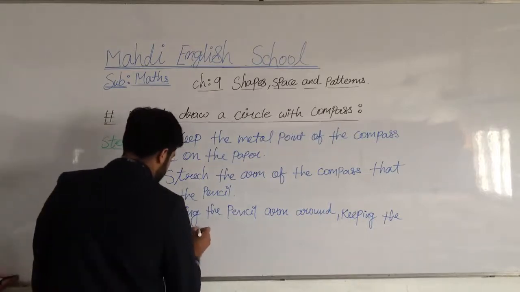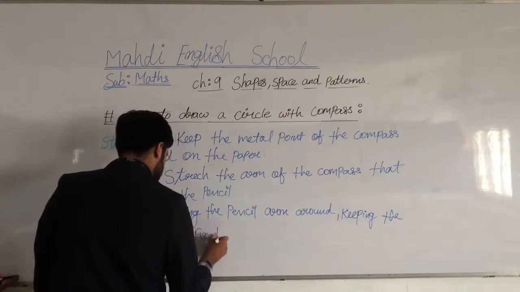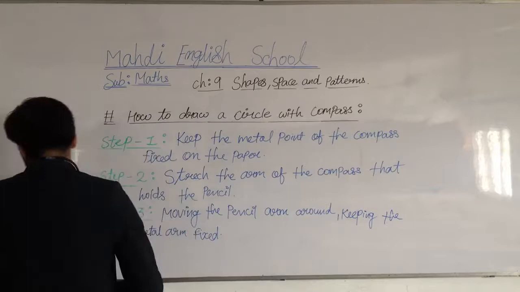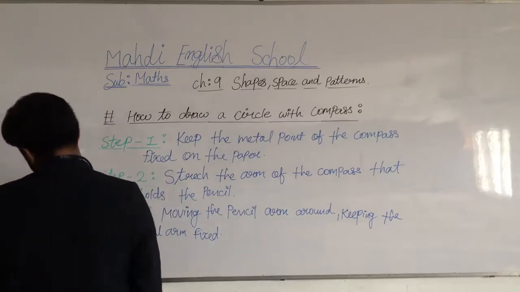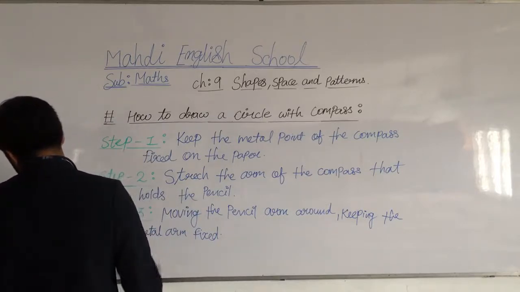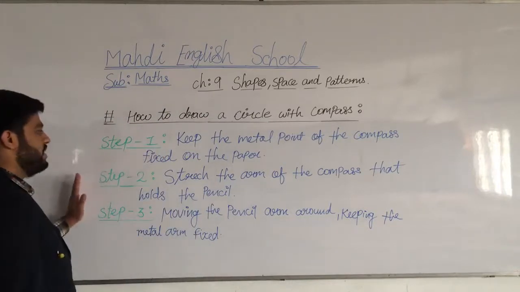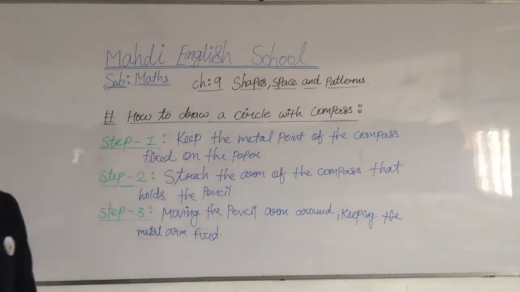This is all the steps for how to draw a circle with the compass. The distance between the two arms is the radius of the circle. Now write down these three steps and then we move on further. Note down all of this, my dear students, and then I will show you how to draw.